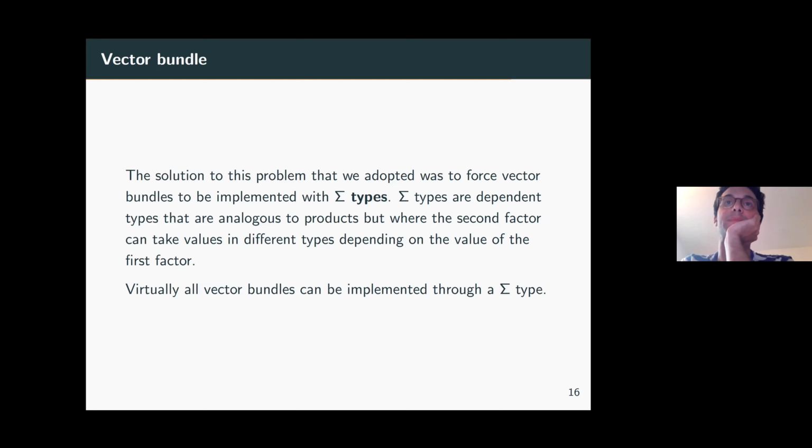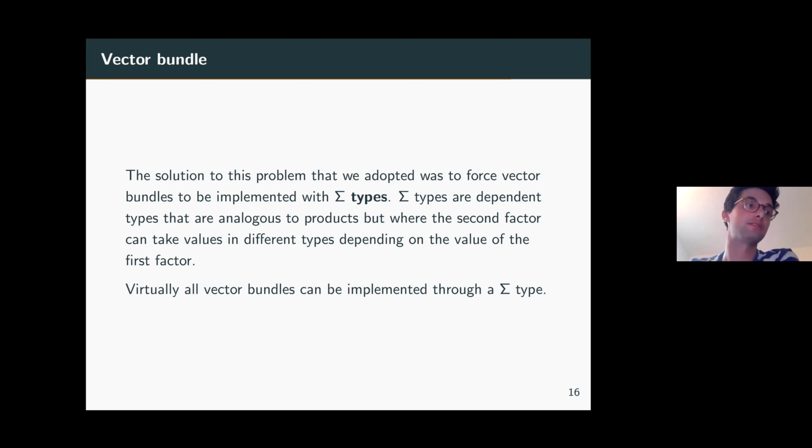This is a natural type to use for formalizing vector bundles, because the idea is that you have in the first factor the base space, and the sigma type pastes together all the fibers, and you have at each point of the base space a different type, which is the fiber at that specific point.